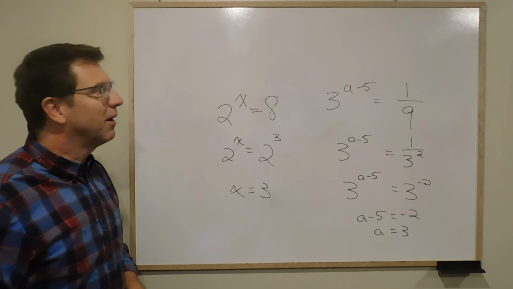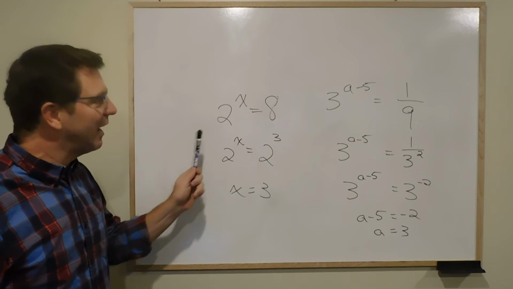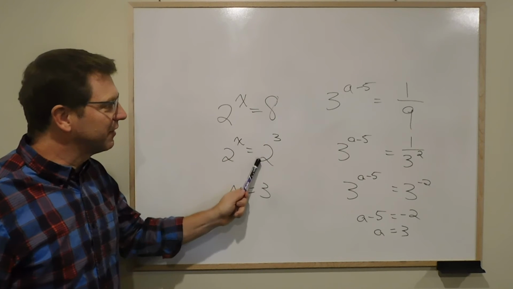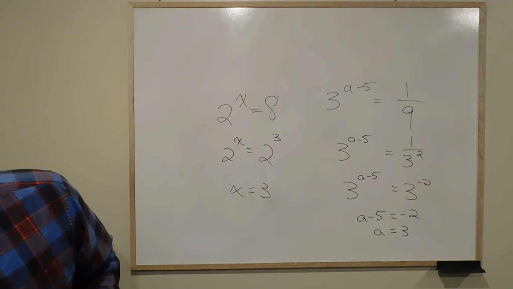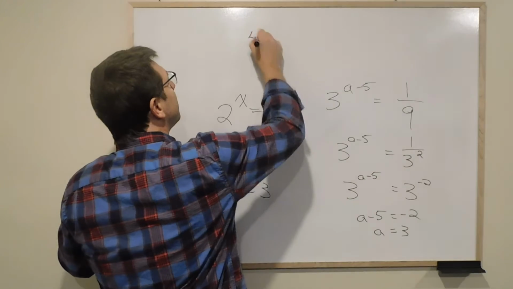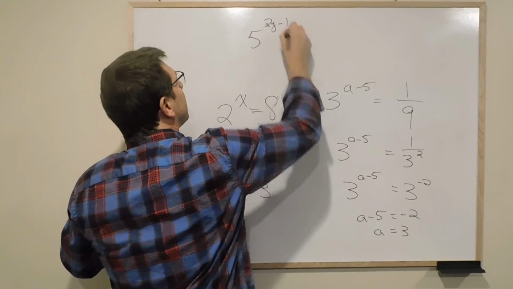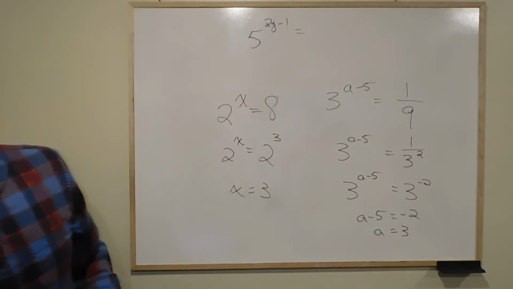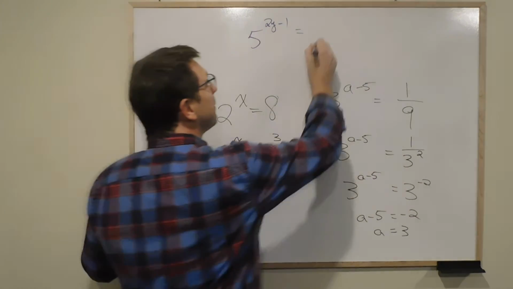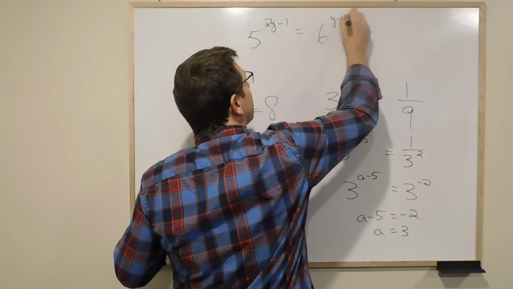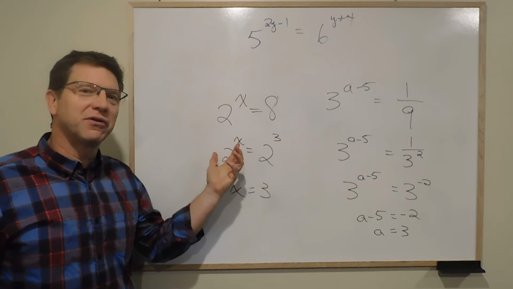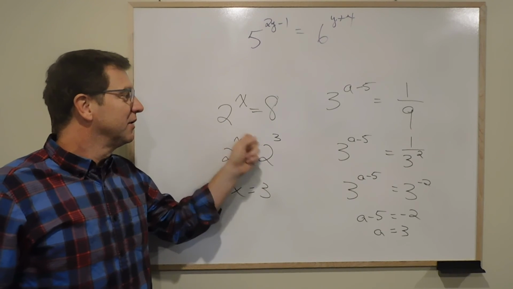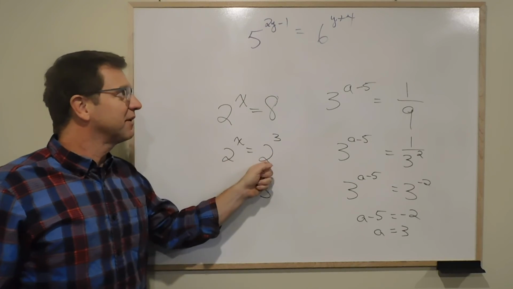Now, the problem is we have to have 2 and 8 so that we can get a common base. The other one there, 5 to the 2x minus 1 equals 6 to the y plus 4. Okay, that's not going to work so well. See, these are kind of special cases if we set them up properly. 2 cubed is 8, that's nice.